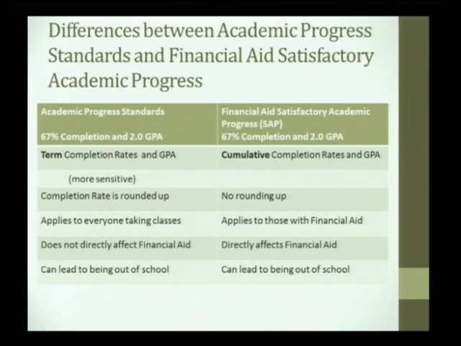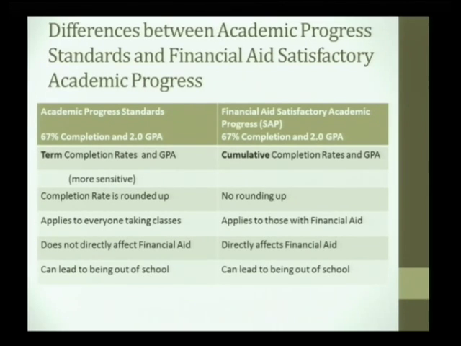So these are differences between academic progress standards and financial aid satisfactory academic progress. All students at Lane who are taking credit classes have the academic progress standards apply to them, okay? That's everybody. Only students who are getting financial aid, which about 70% of the students at Lane do, have these standards apply as well.